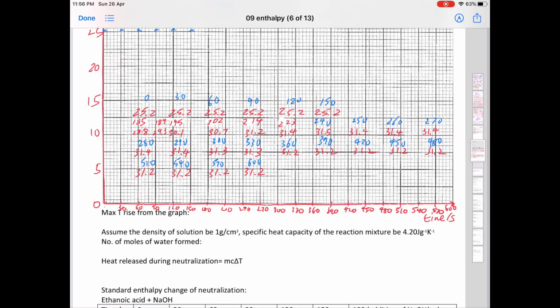Go back to your notes: the maximum temperature rise x obtained in the diagram is 6.5 degrees Celsius, which is the temperature change. Then we can apply mcΔT and plug in the numbers. In this equation, m is the mass of the solution. Because we are using 25 ml of NaOH and 25 ml of HCl, the total volume is 50 ml, 50 cm³.